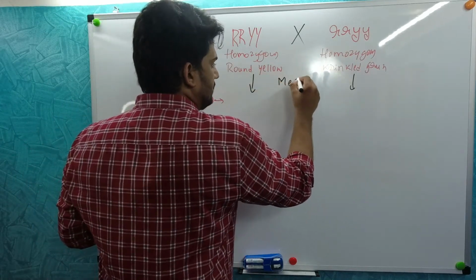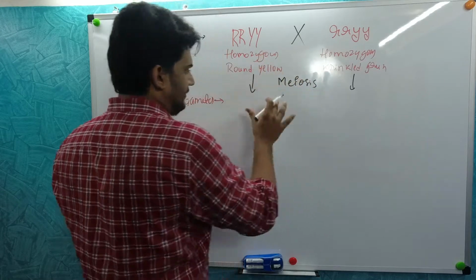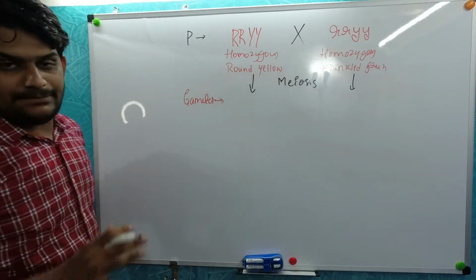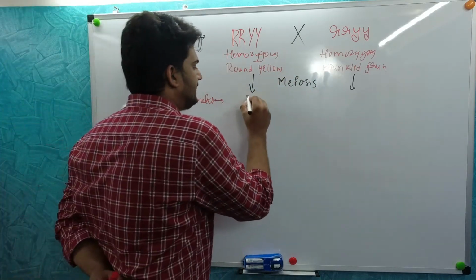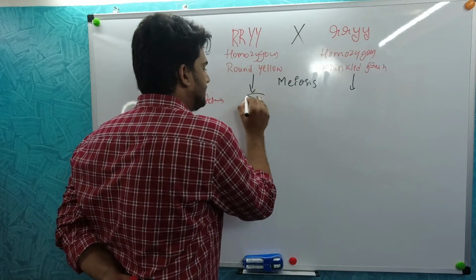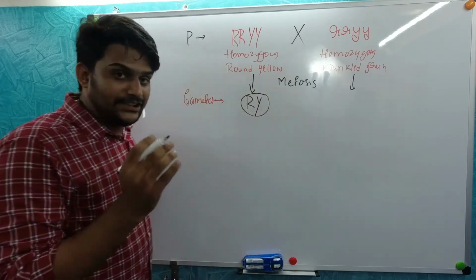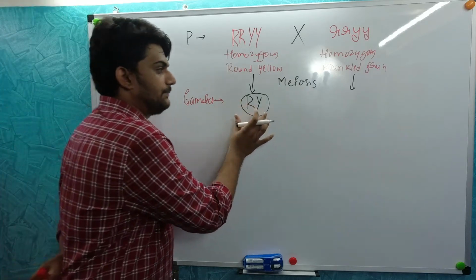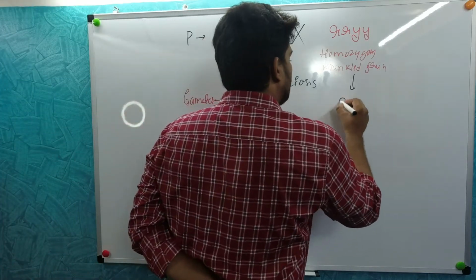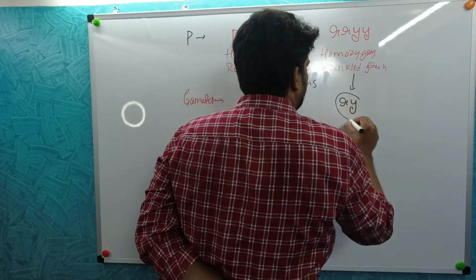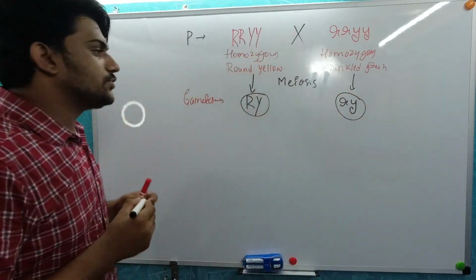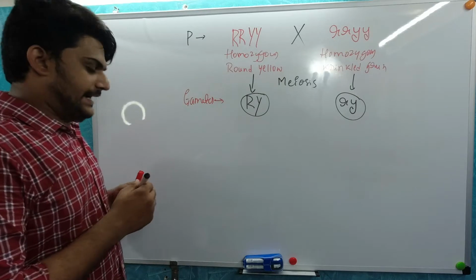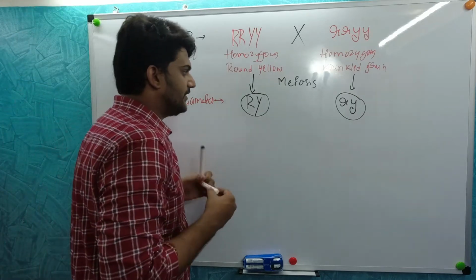The gametes were capital R capital Y, and here small r small y. I'll let you know at the end of this topic why it is capital R and capital Y. These two came out as gametes and they fused.